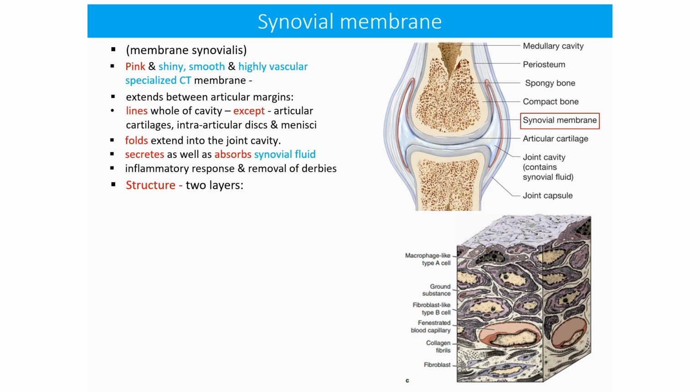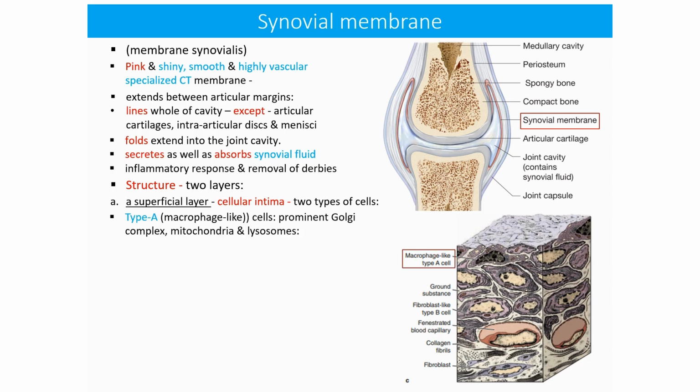As regards its structure, it has two layers, a superficial and a deep. A superficial layer is also named the cellular intima and has two types of cells. Number one, type A, macrophage-like cells having prominent Golgi complex, mitochondria, and lysosomes, and are responsible for the removal of synovial fluid and debris.